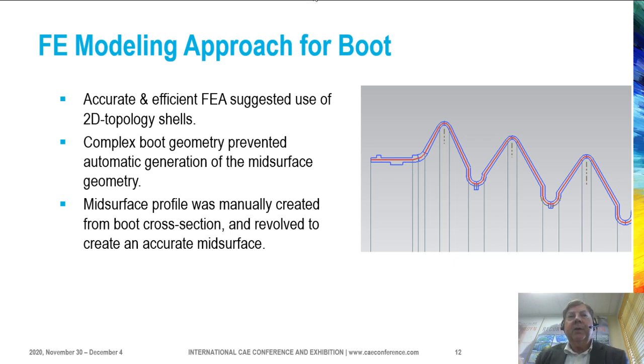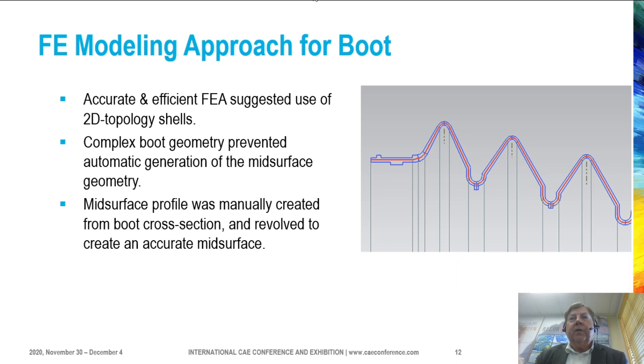The runtime would have been extremely long. And since bending was such an important part of this simulation, that was another reason to use 2D topology elements, namely shells, that would have the rotational degrees of freedom and could allow us to model this boot with a fairly reasonably low number of elements.